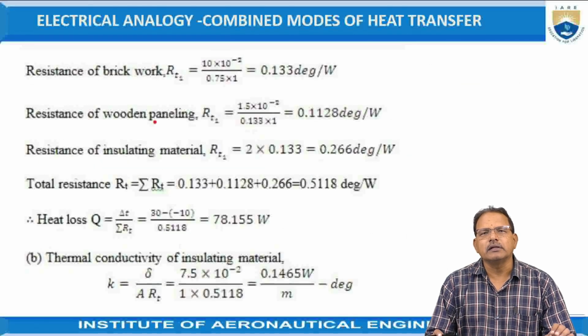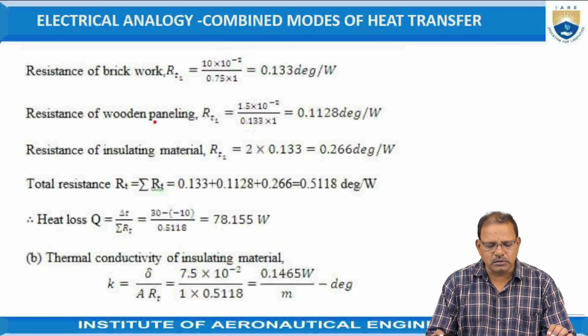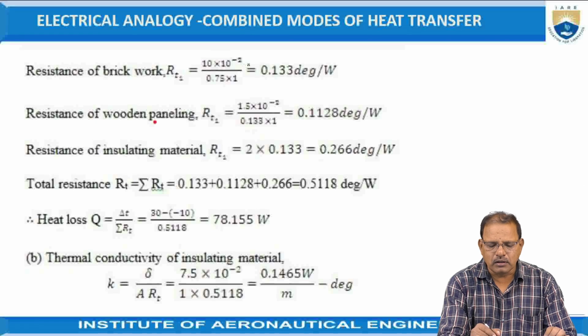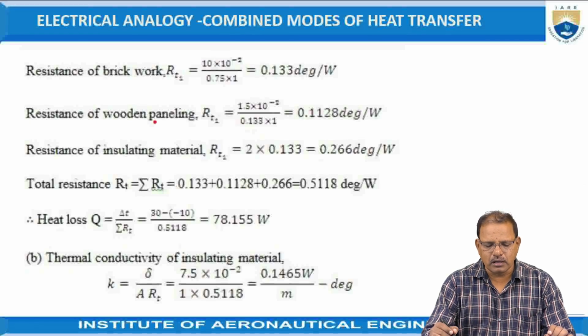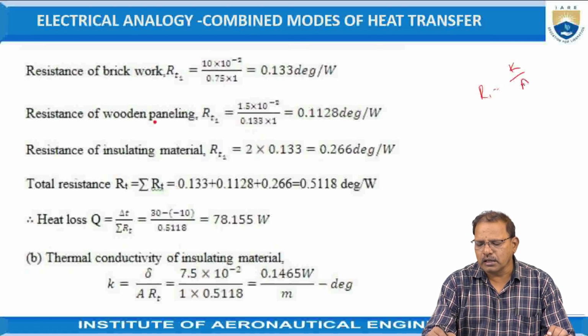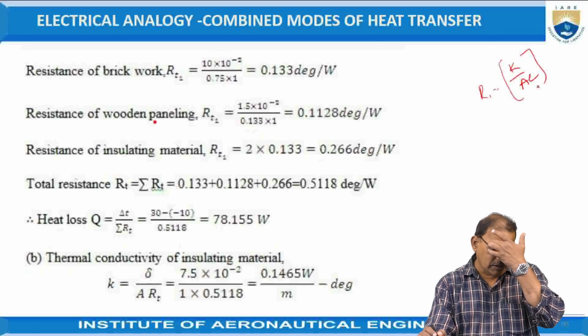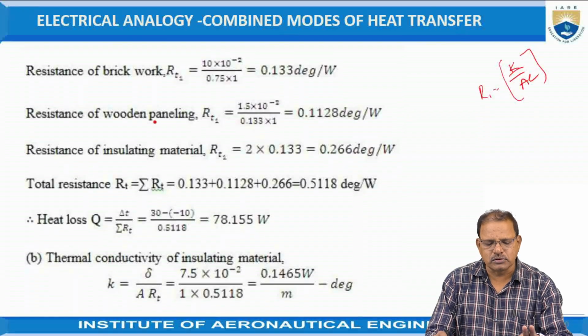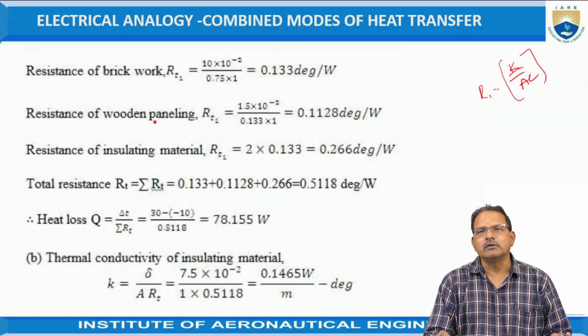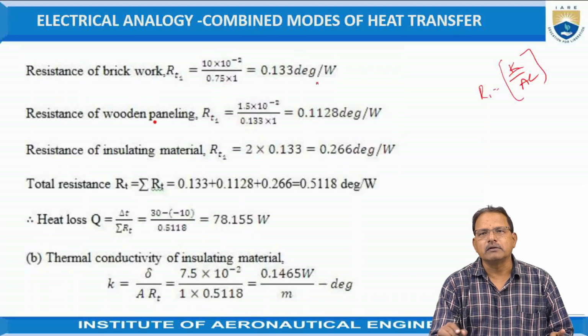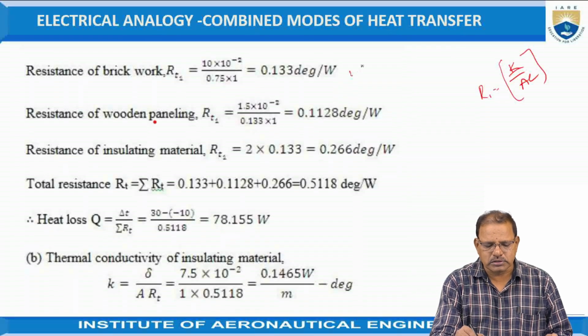First we determine the resistance of the brick, RT1, equal to L divided by K into A, which is equal to 10 into 10 to the power of minus 2 divided by 0.75 into 1, which is equal to 0.133 degree per watt.